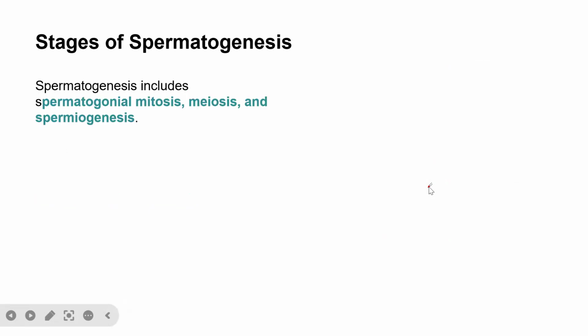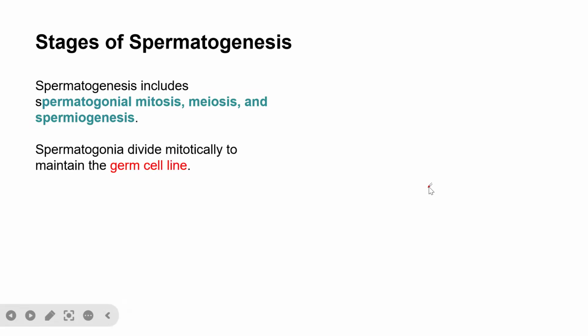So what are the stages of spermatogenesis? Spermatogenesis includes spermatogonial mitosis, meiosis, and then spermiogenesis. Of course, the spermatogonia divide mitotically to maintain the germ cell line.